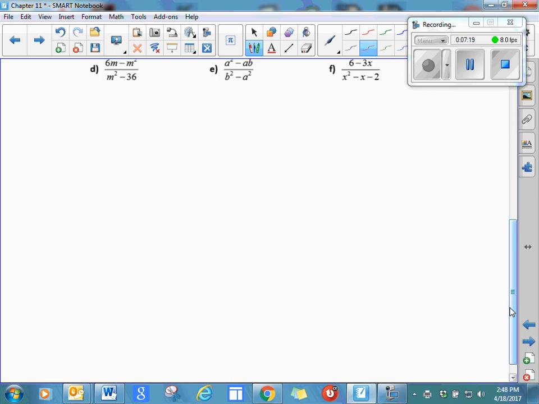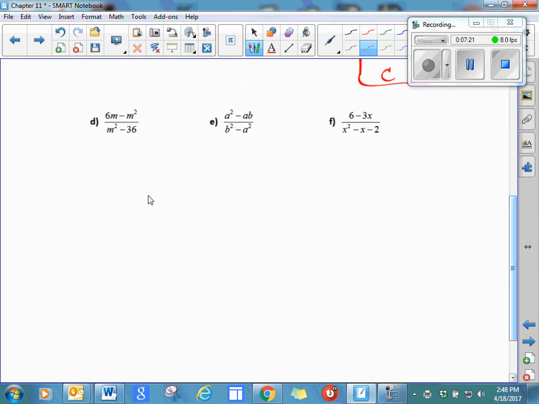So as we move down to these last 3, we're going to get into some opposites, and this is what they're going to look like. So again, we're doing the GCF in the numerator, m, 6 minus m. In the denominator, difference of 2 squares, m plus 6 and m minus 6.